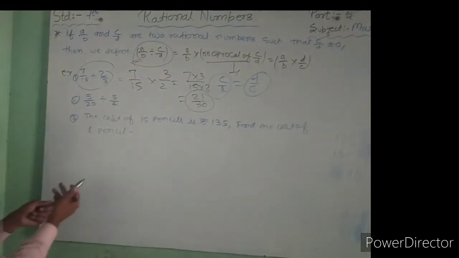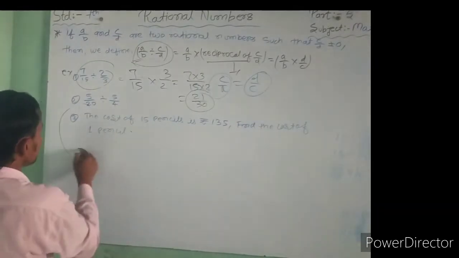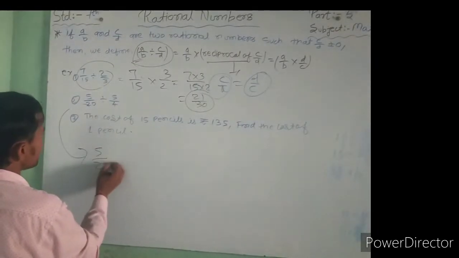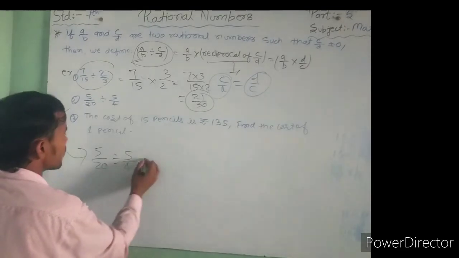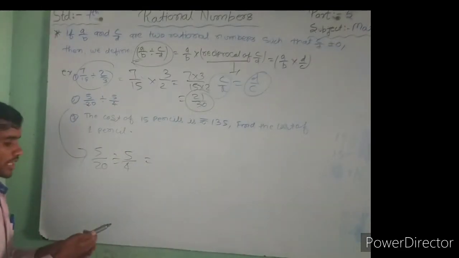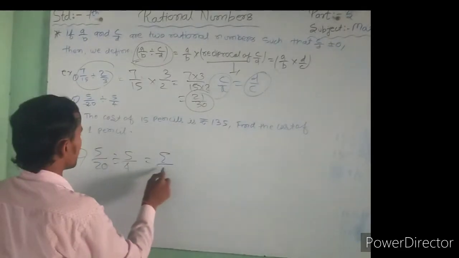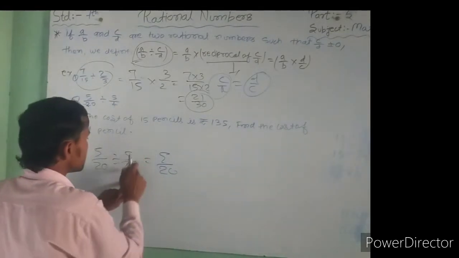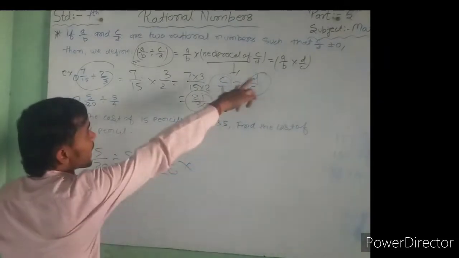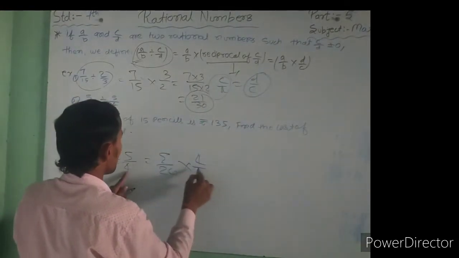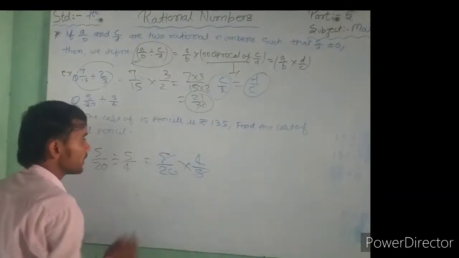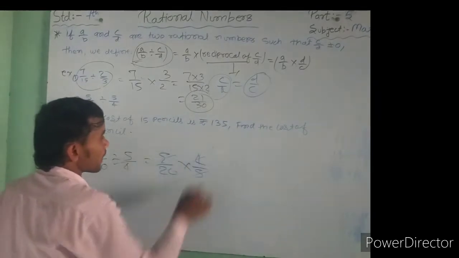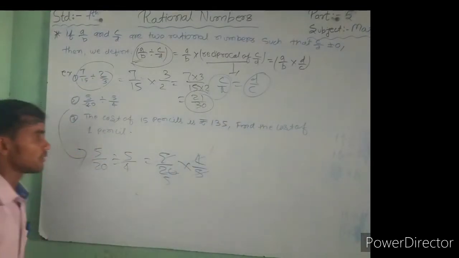Okay, next question here. You see the question 5 by 20 divided by 5 by 4. How to solve it? When you start solving, firstly you write down 5 by 20, which is a by b. Next, c by d is converted into d by c. 4 multiplied by 5, and 20 multiplied by 5: 4 ones are 4 and 4 fives are 20.